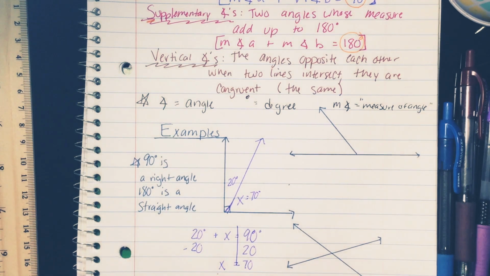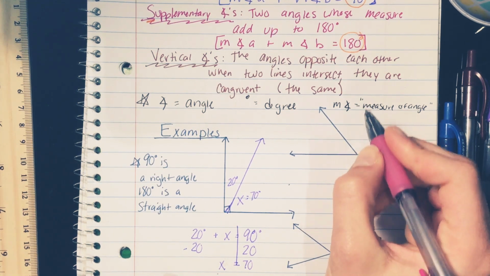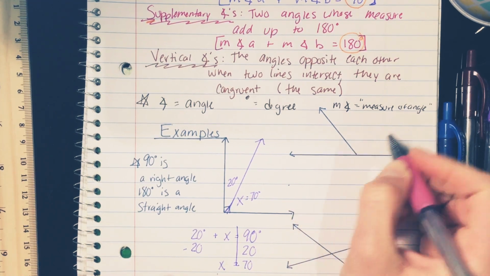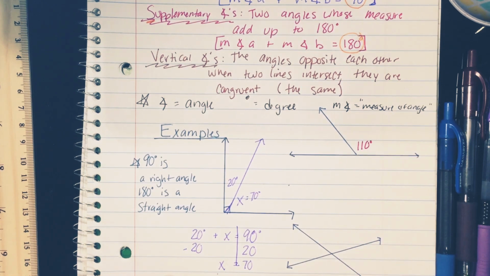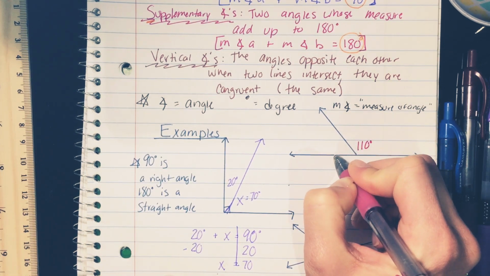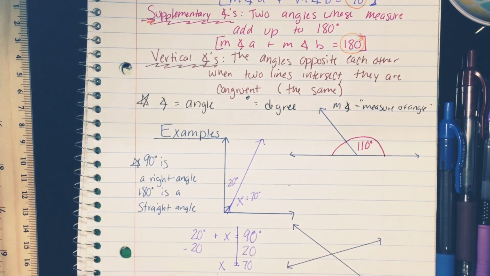That works for that. Now let's move on to supplementary angles. So we know that I'm going to give you this angle right here as 110. And we know that this whole angle right here equals how much? 180.